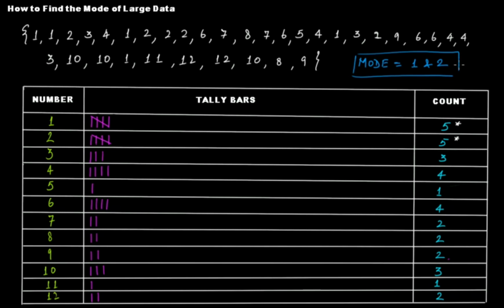So this is the way to calculate the mode of a large data set. We'll use tally bars or tally marks, and for that you should know the concept of tally marks. So if you don't know, please go to the playlist on data handling and data sets, and you can watch the video tutorials on tally marks.